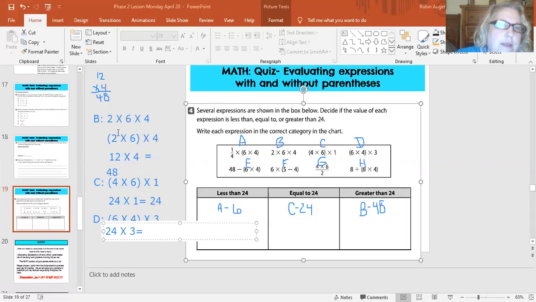Equals, and now we can do the drawing up here. 24 times 3. 3 times 4 is 12. We need to regroup the 1 over here because those are ones, and we need to put a 10 in the tens place. 3 times 2 is 6, plus the 1 is 7.